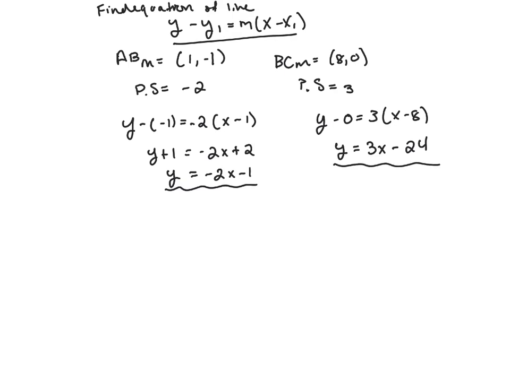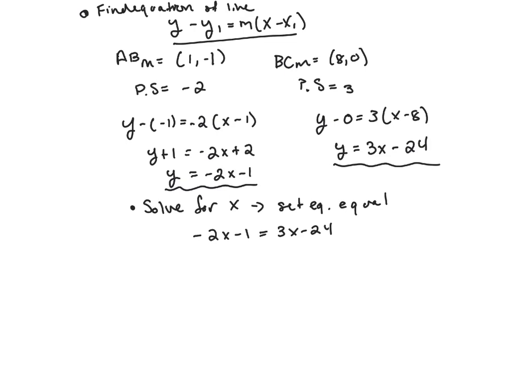And now the sort of last step is to solve for x. We're going to set the equations equal to each other. So negative 2x plus 1 is equal to 3x minus 24. That's because y equals both of those, so we can set them equal to each other.